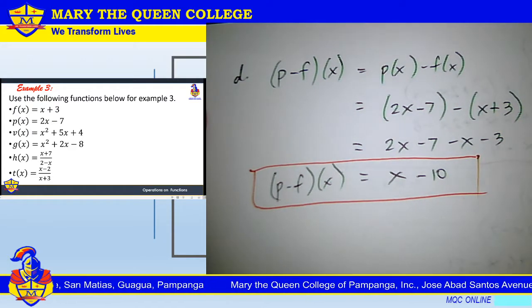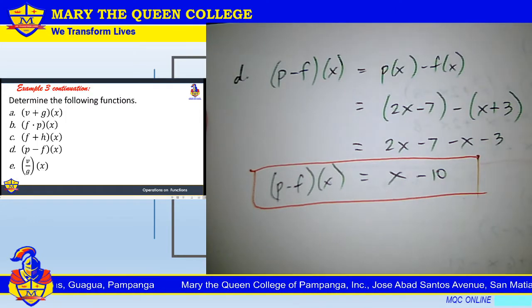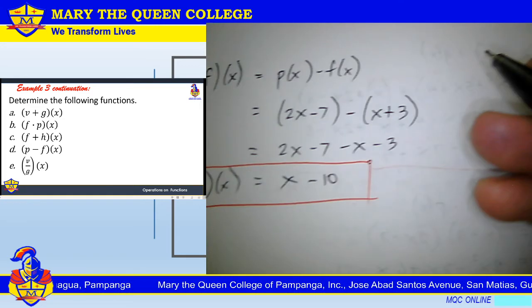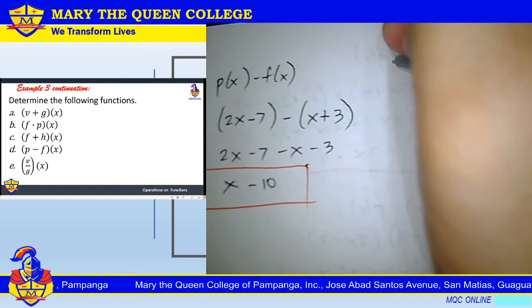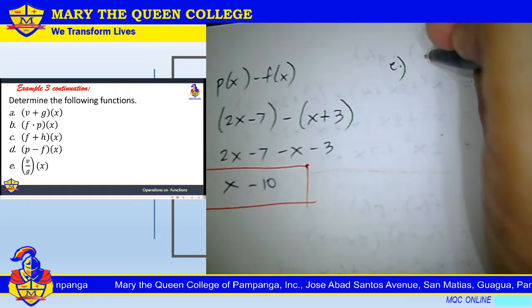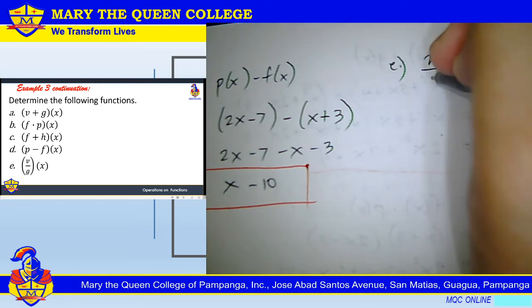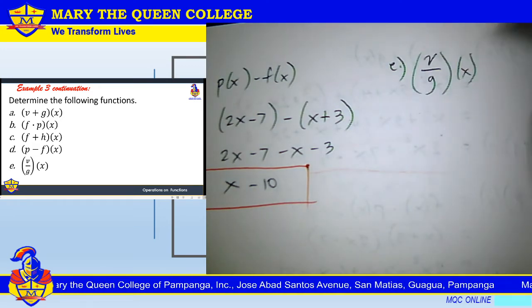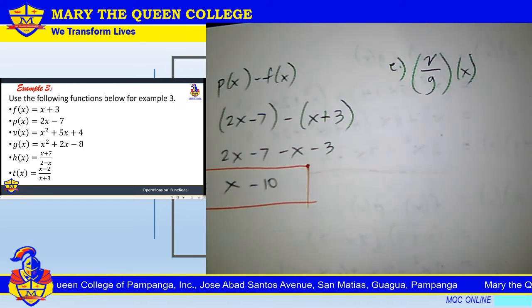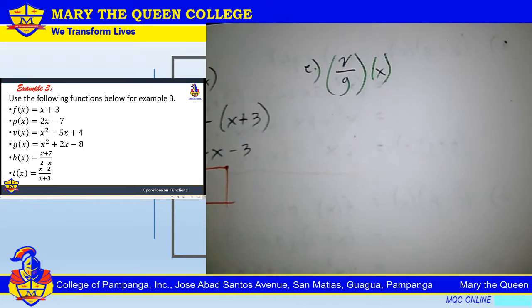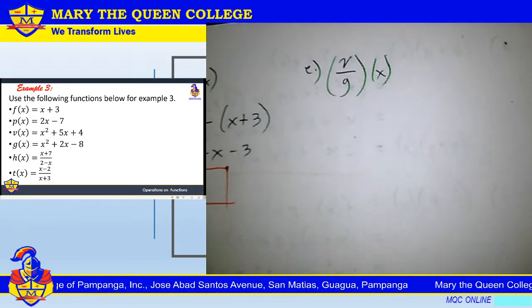Then, for our last example, we have v over g of x.